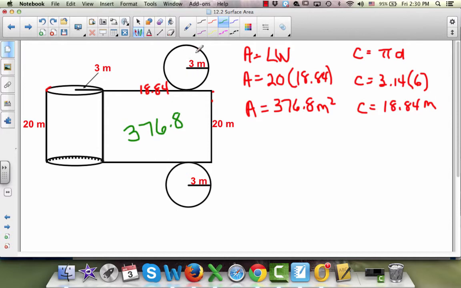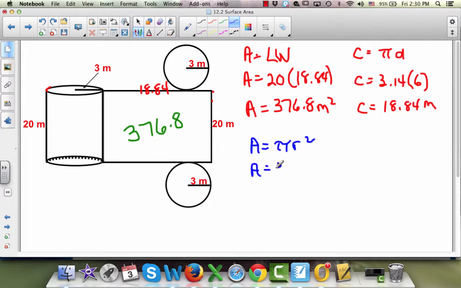So we come over here to the top part and we go area equals pi r squared.